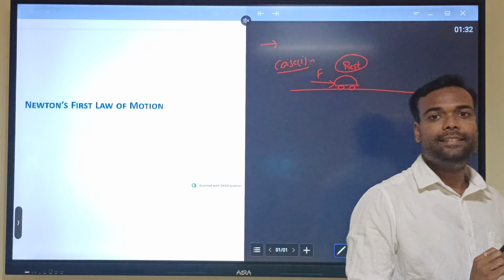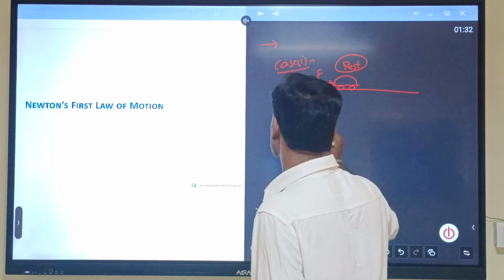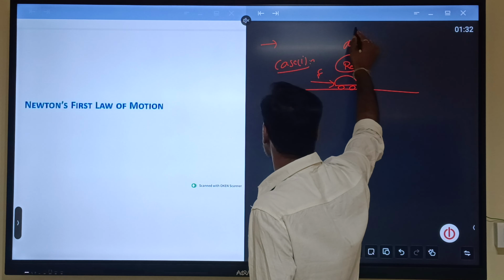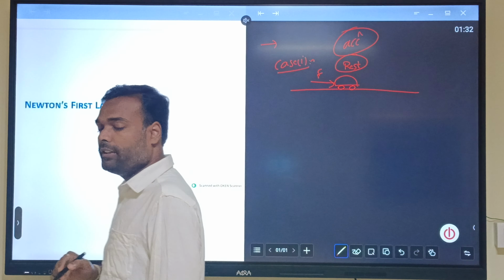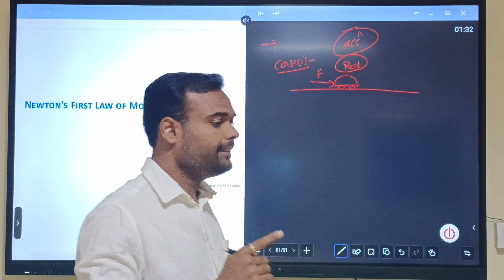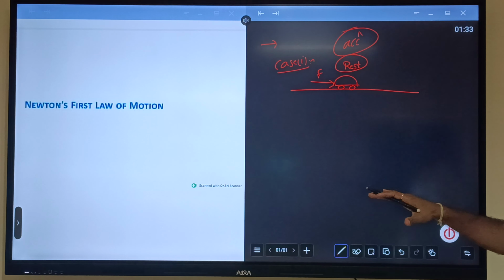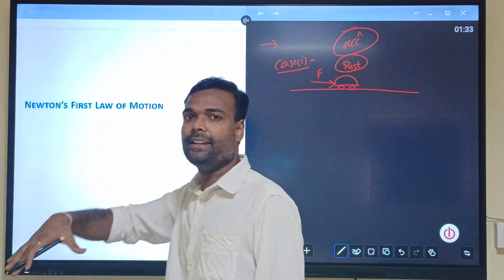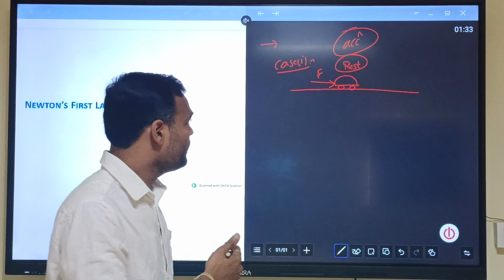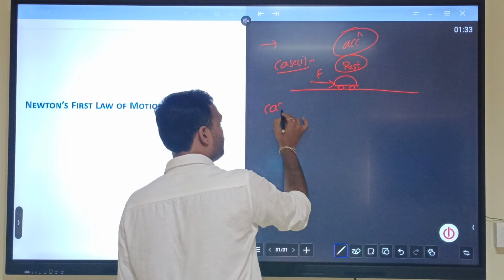That means it does not get any acceleration, right? So this is Newton's first law. He says that until and unless there is application of external agencies, the object maintains its original status.